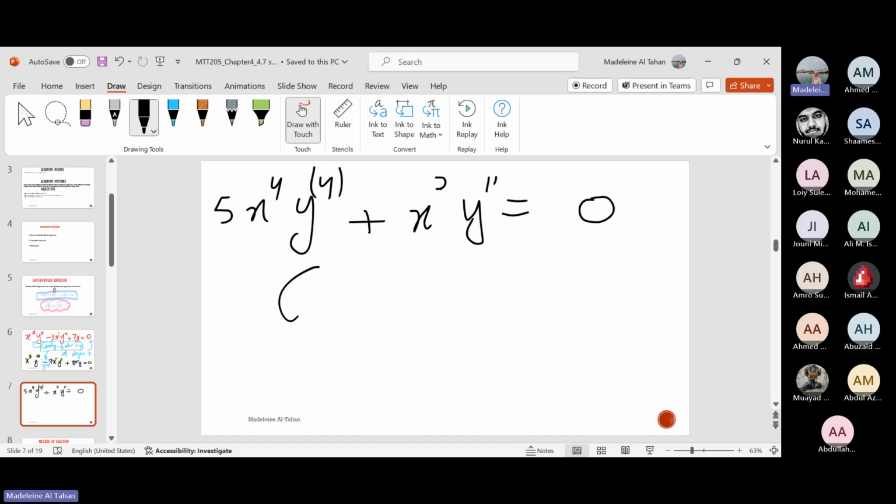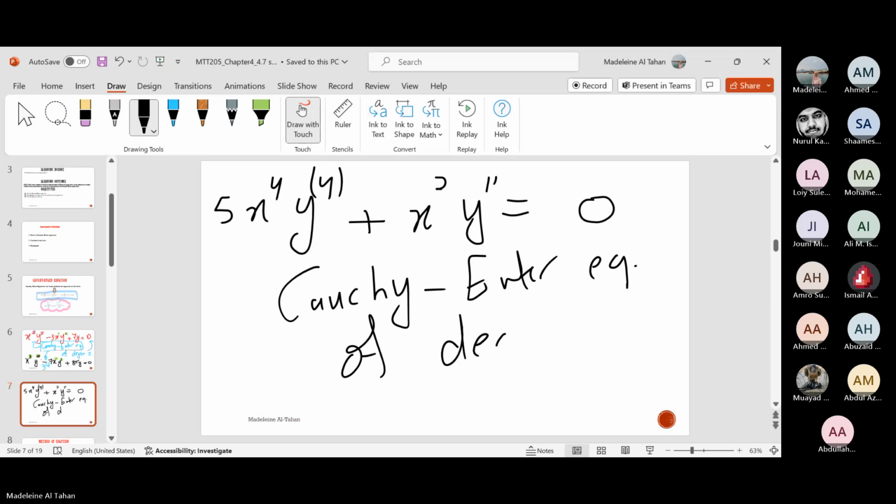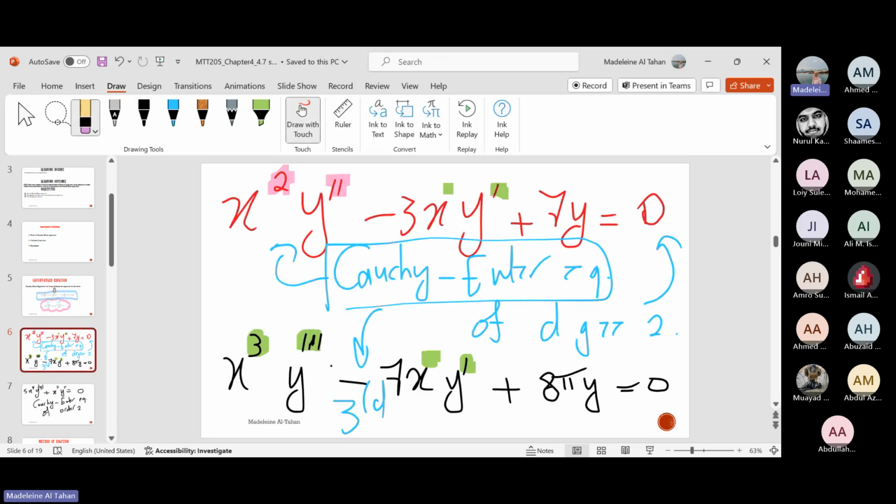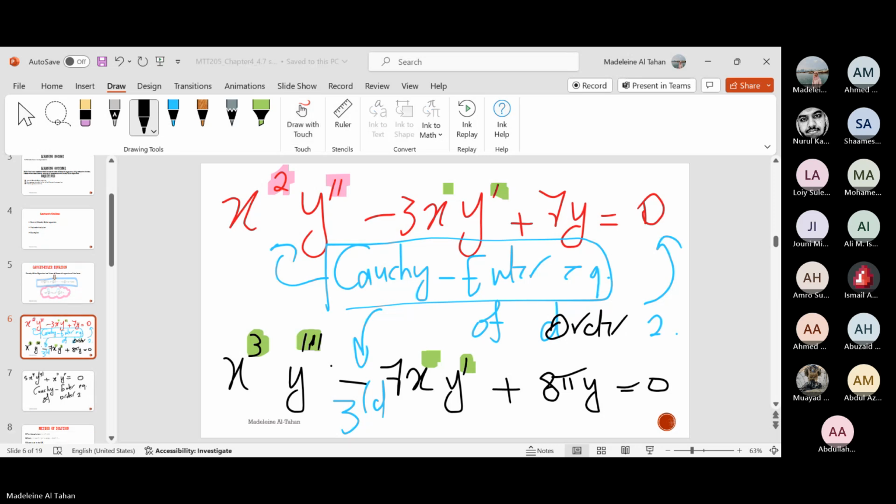So this one is a Cauchy-Euler equation of which degree? Or if order, degree 4. I have to say of order, okay. So I should fix here. Instead of degree, I should use order.